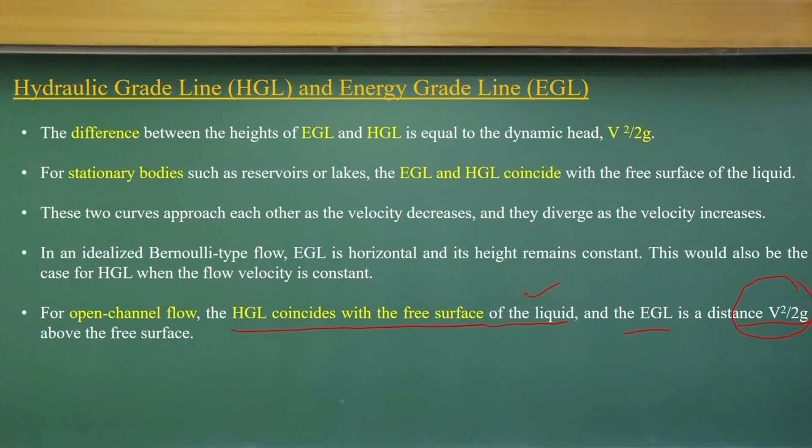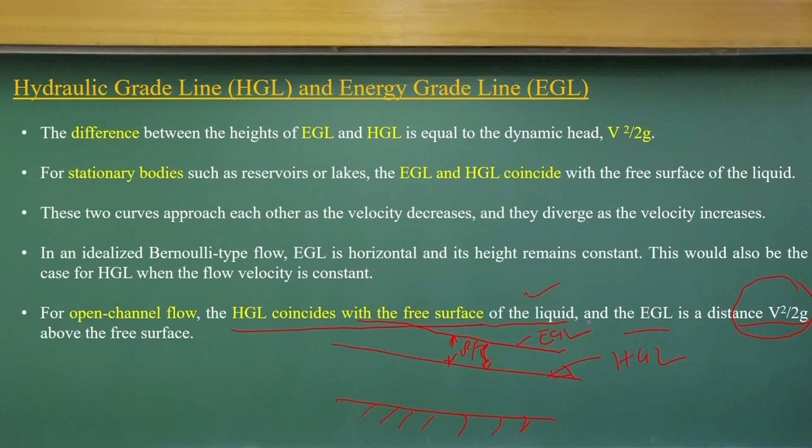That means, if you consider an open channel flow, this is the free surface. This free surface will represent the hydraulic gradient line, and V square by 2g, adding this velocity head, we get the energy gradient line.